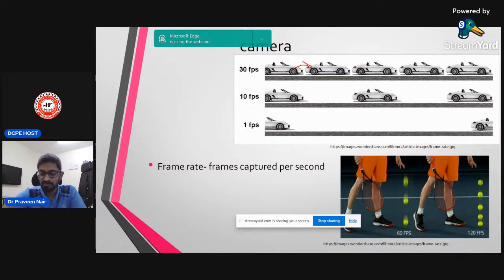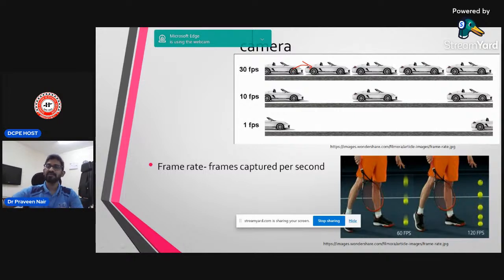If the object has moved a minimum distance, that means you are not losing information. So as the speed of motion increases, your frame rate has to increase. For example, if I have to analyze a badminton smash, if I select 100 frames per second, I may not be able to measure it. I need at least 1000 frames per second.